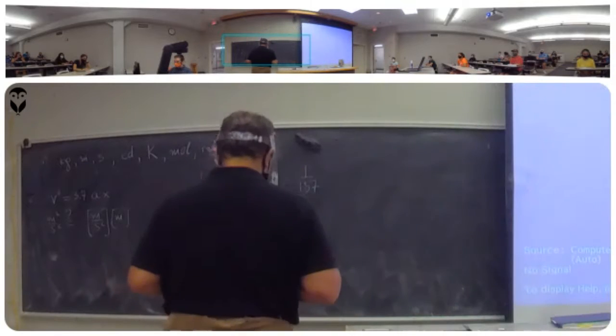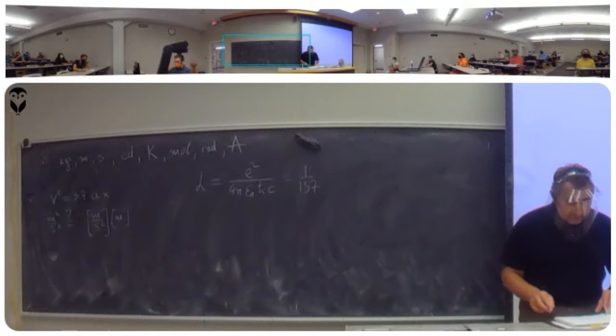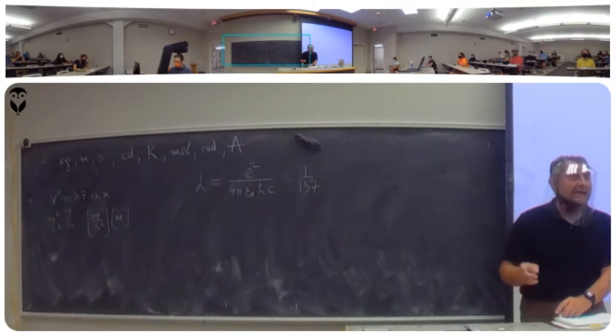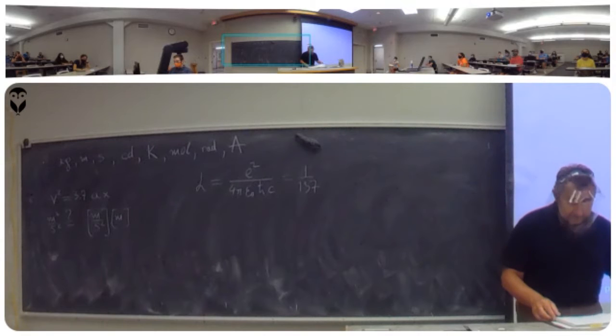Why does the fine structure constant, this dimensionless entity, have this particular numerical value? Nobody knows so far.